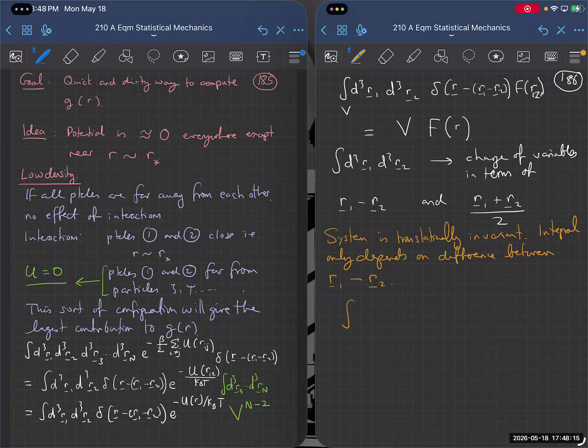So I've got the integral d3R1 d3R2 times some function of R1 minus R2.